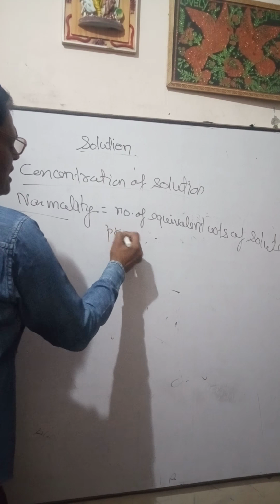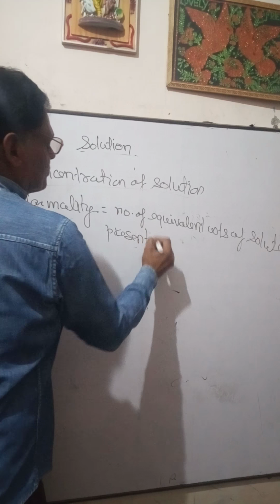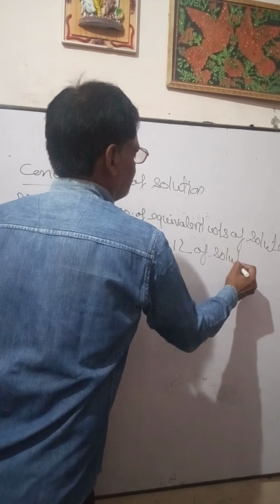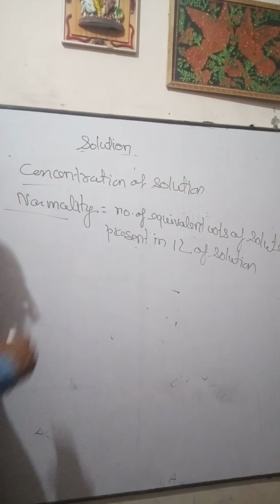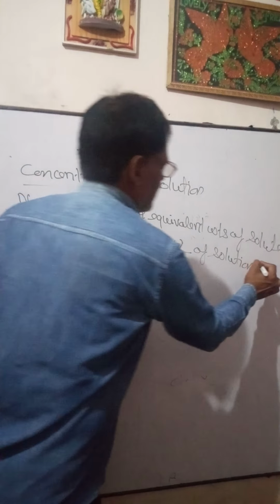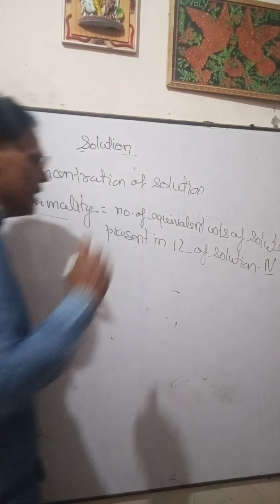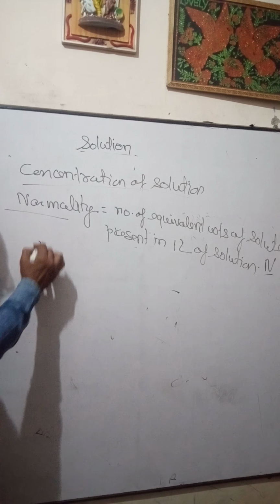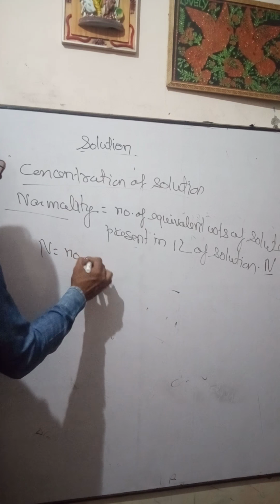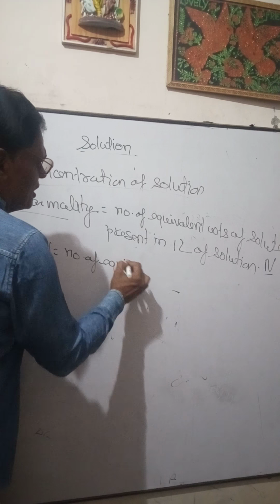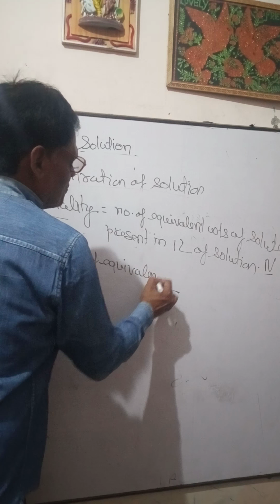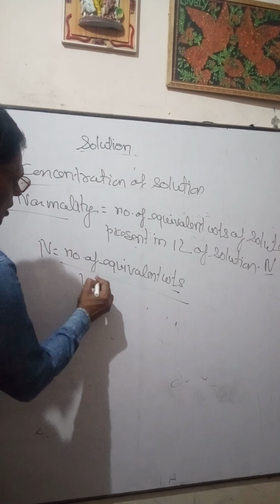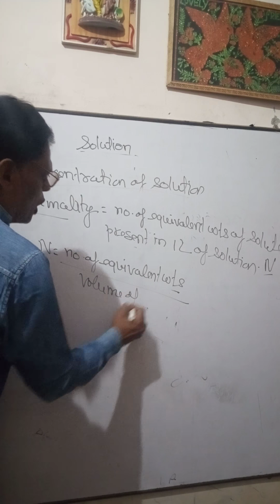We can represent this mathematically also. This is represented by capital N. Wherever capital N is written, it means we are talking about normality. N is equal to number of equivalent weights divided by volume of solution in liter.